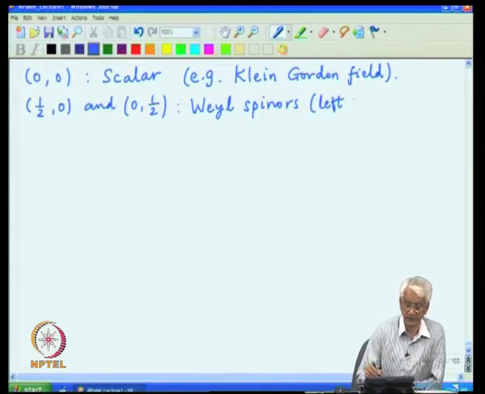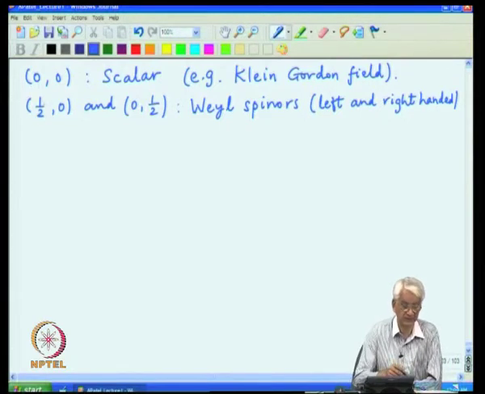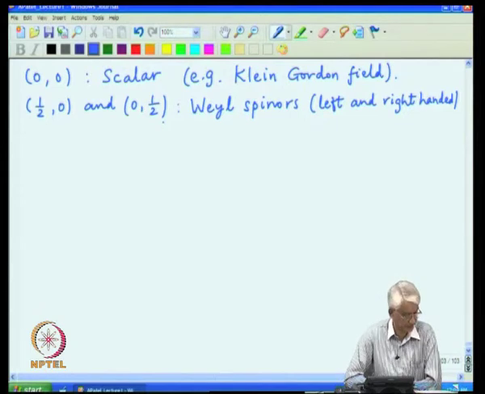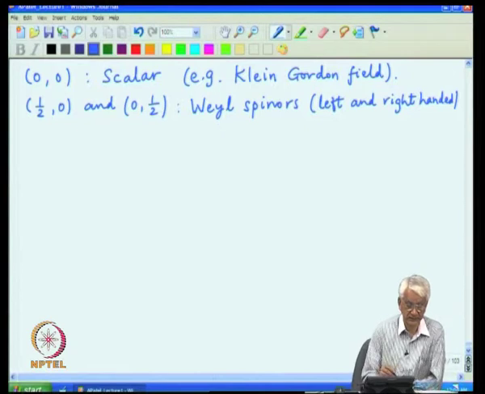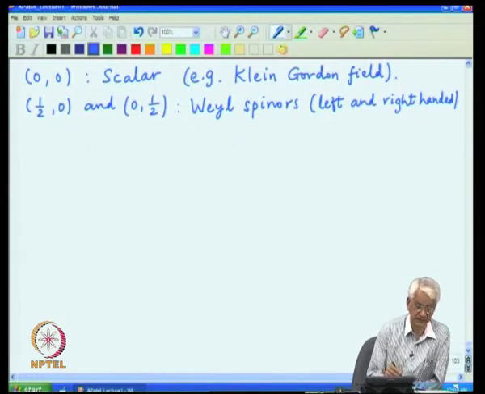One of the two can be called left and the other right handed. One can pick a convention depending on the signs of J plus or minus I K. Say the first one is left handed, the other one will then become right handed. So, these have two components and they belong to the Weyl representations of spin half particles. The spin is half, it is the sum of these two.